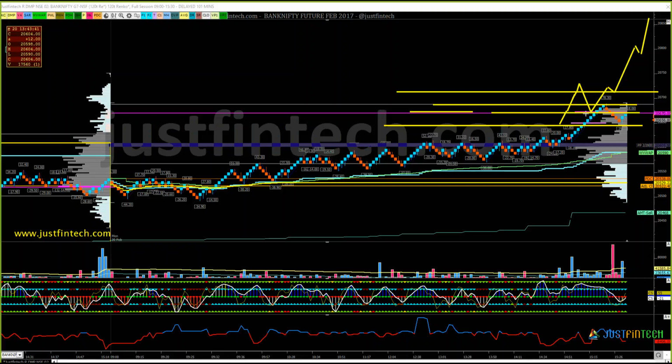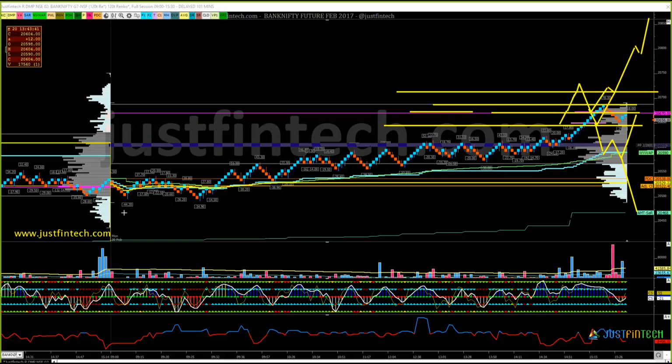In case it opens anywhere and fails to hold this, then it comes into this LVN, and here also it can reject and continue this move. If it rejects here, then push into the 2590 and start rotating into that, and either create demand here and push higher, or create supply here, keep distributing and push lower into the lows, and then finally into the 2470 kind of zone.